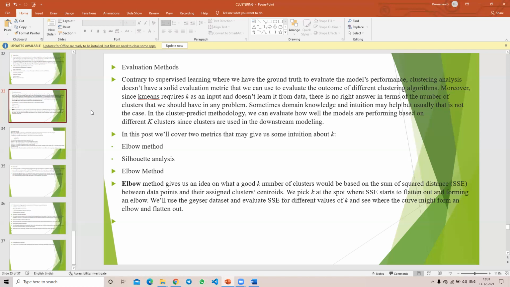We pick k at the spot where SSE starts to flatten out, forming an elbow. We will use the Geyser dataset and evaluate SSE for different values of k and see where the curve might form an elbow and flatten.